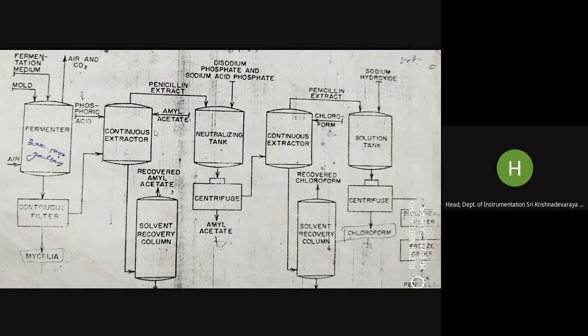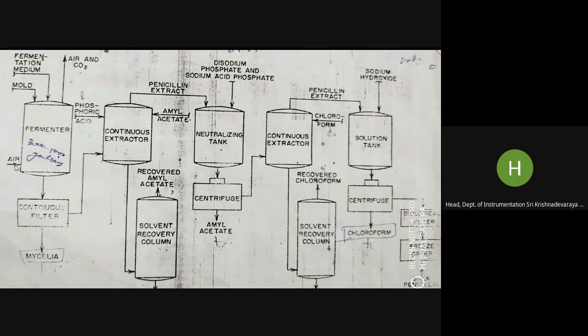From then onwards, it's a process of extraction. When the optimum amount of penicillin has formed in the fermenter, the fermented liquor, which is a concentrated solution containing large quantities of mycelia, the vegetable portion of a fungus, and relatively small amounts of penicillin, is passed through a stainless steel heat exchanger and then through a rotary vacuum filter, where the mycelia are removed and discarded from the bottom.